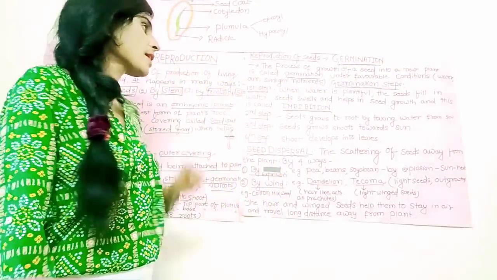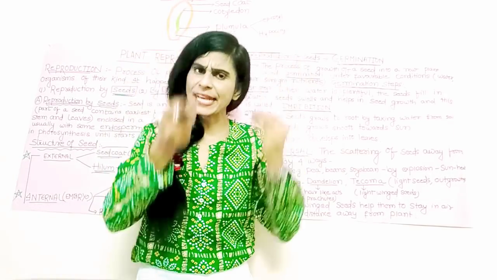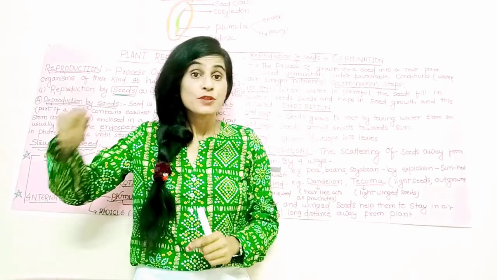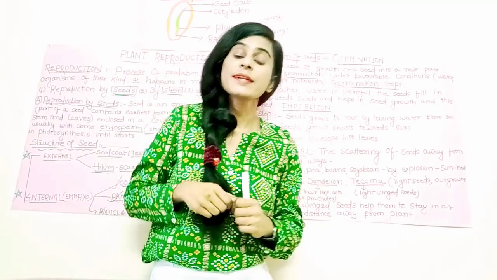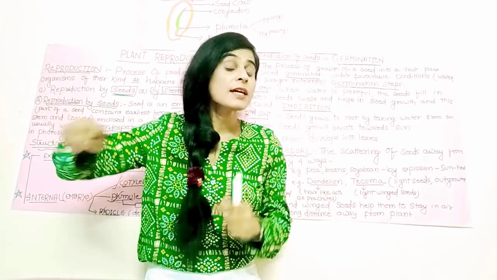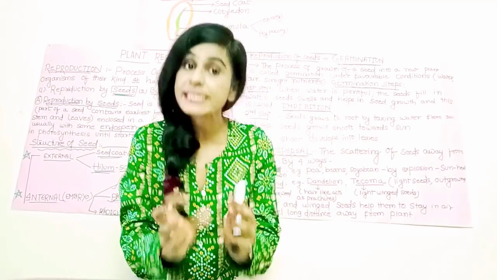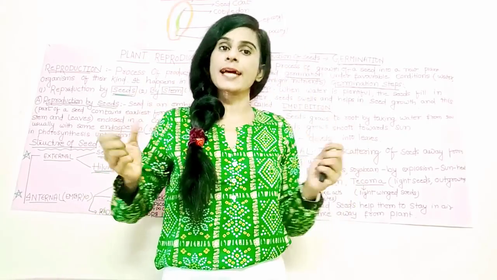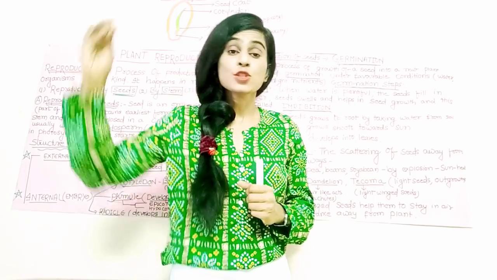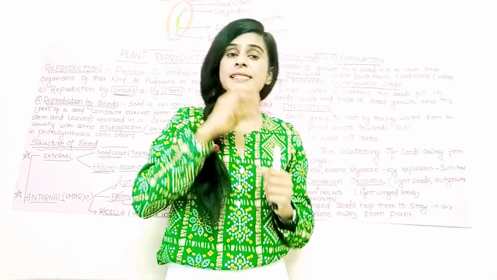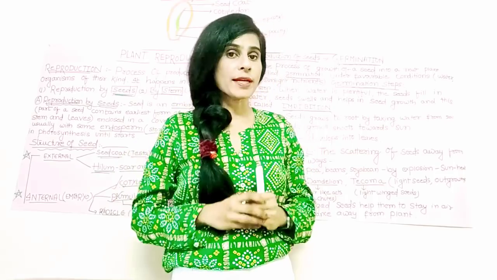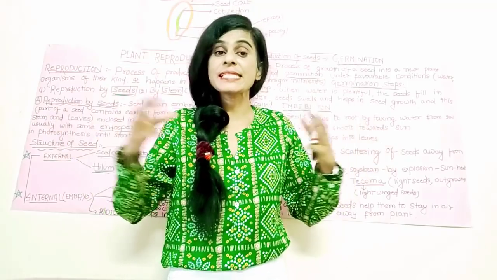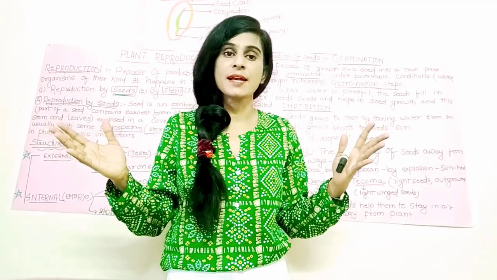So what are the steps? First, what will you do? You will take a seed and sow it in the soil. Then what will you do? You will pour water regularly, right? Yes, you will pour water regularly, and when that seed receives plenty of water, the seed will absorb the water, swell in size, burst and split.